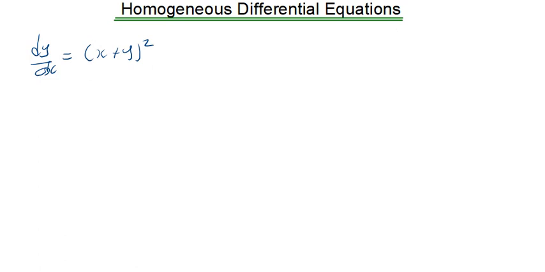You can confirm that it's homogeneous, which we know it is, but we will not be able to use separation of variables, because expanding this gives you x squared plus 2xy plus y squared.